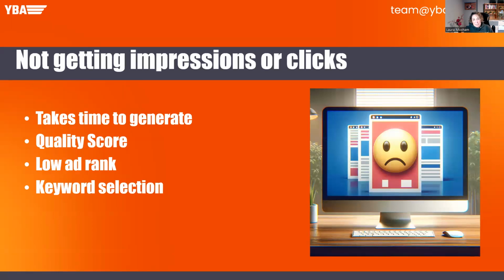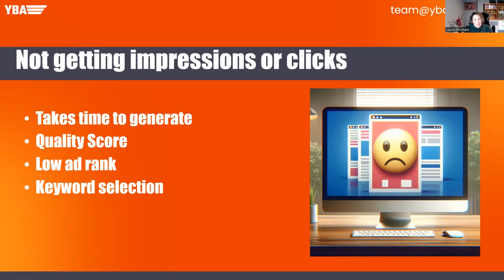So there's a couple of things here. It's quality score. Quality score is based on factors like expected click-through rate, ad relevance, and the landing page, and we need to make sure that these build over time, because it does impact your ads' visibility.